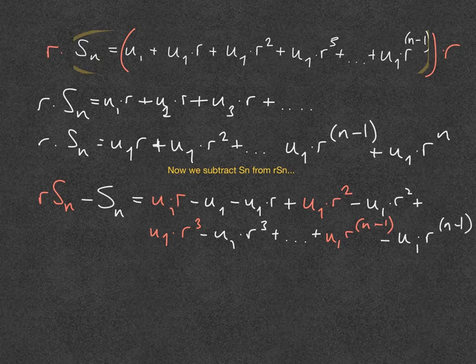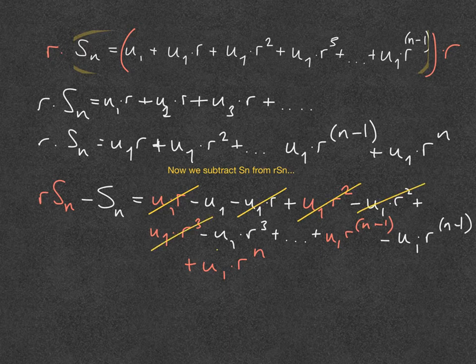And at the very end here, we're going to have to add u1 multiplied with r to the power of n, which was the final term in this new sequence. Now we can see that many of these terms are going to cancel each other out, and even this one cancels out this one here.